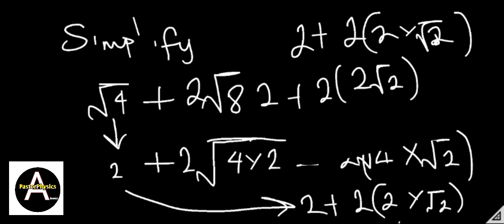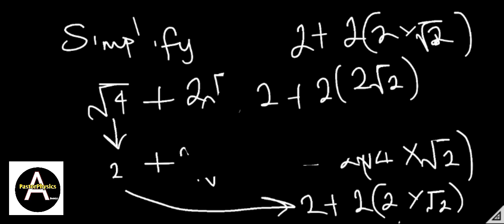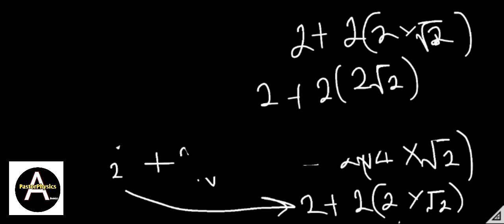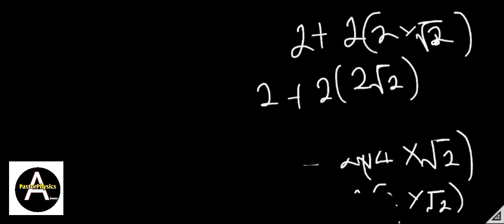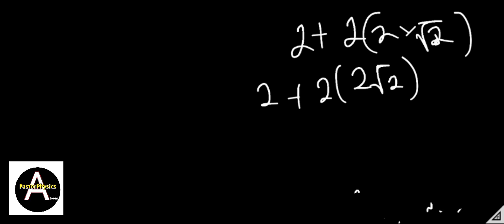Okay, let me wipe up everything here so that we have a clearer picture of what we are doing. Now 2 plus 2 root 2, we say 2 plus 2 root 2. Note, whole numbers multiply whole numbers, SURD multiply SURD. Keep this down.